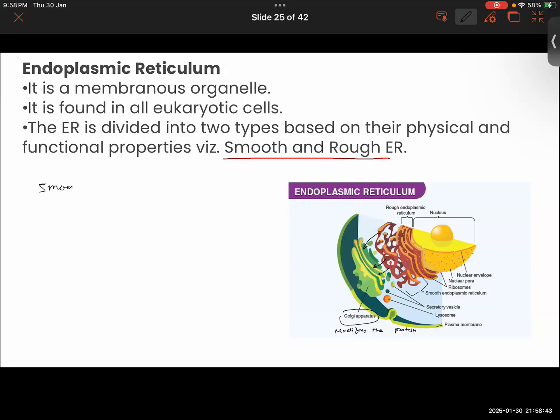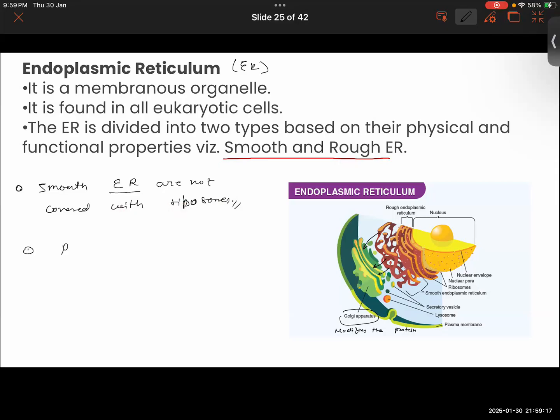So smooth endoplasmic reticulum, in short I'm writing as ER, is not covered with ribosomes. Further, they have slightly different functions in comparison to the rough endoplasmic reticulum. But as of now, just understand this much.